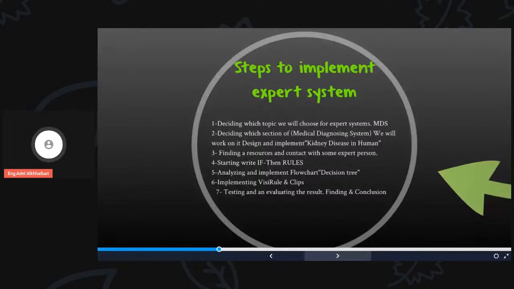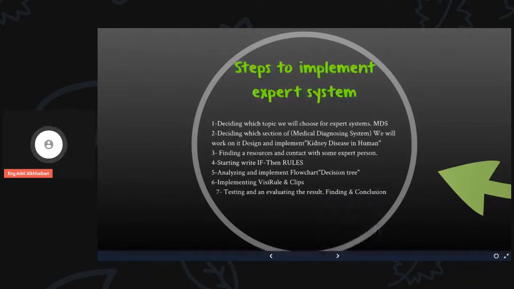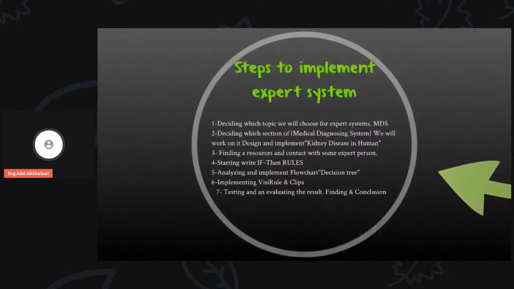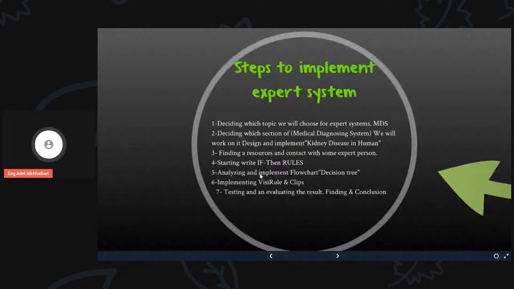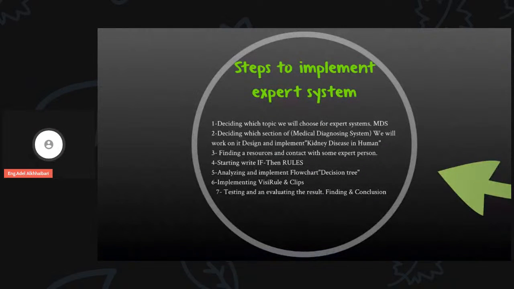The third, finding resources and contacting an expert, Dr. Yusuf Al Yusuf from King Saud Hospital, and starting to write if-then rules. This project depends on if-then rules. I will show you the coding and how it works.